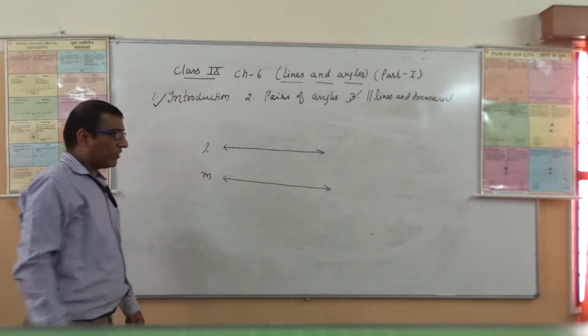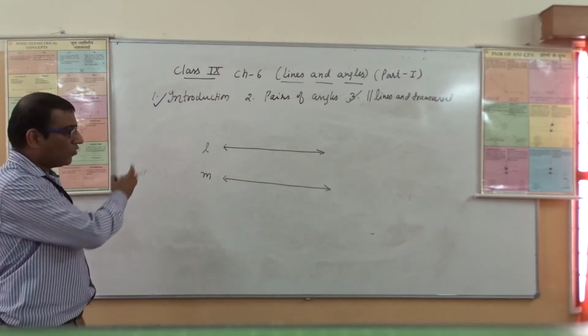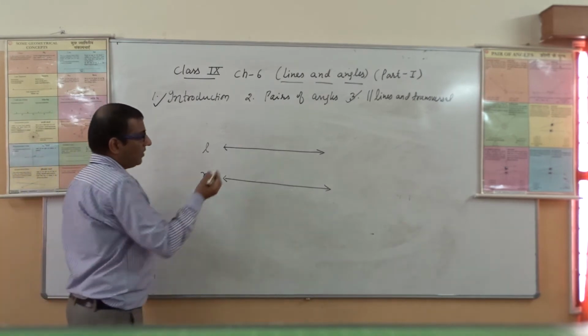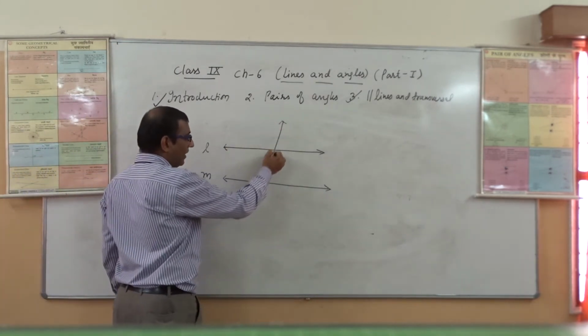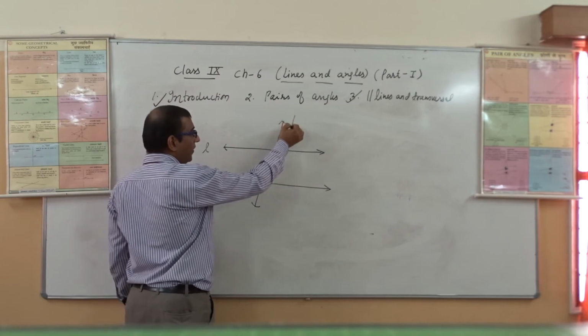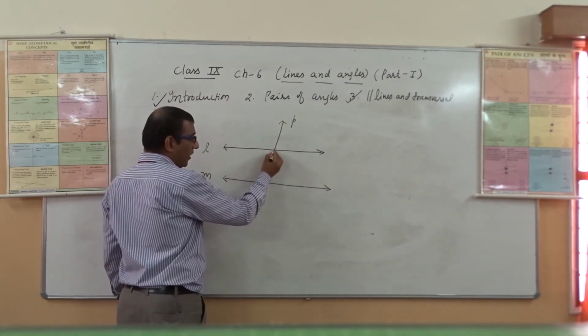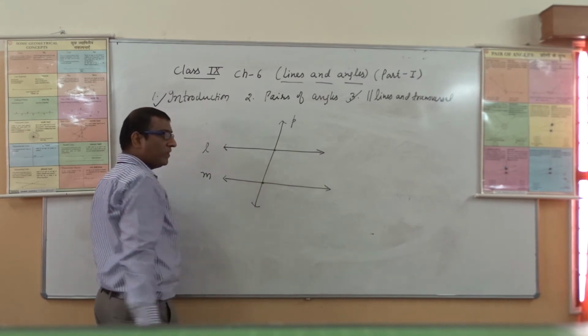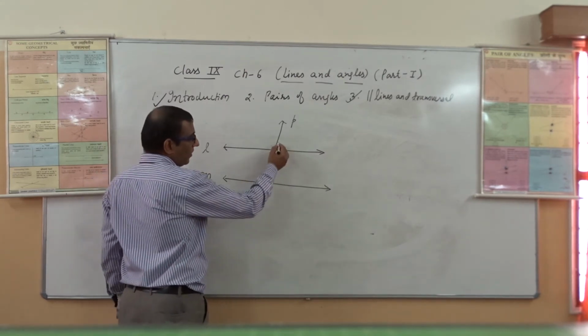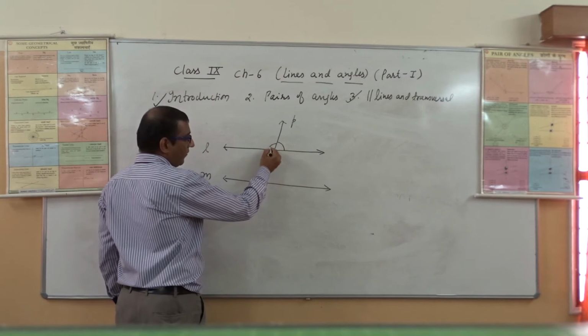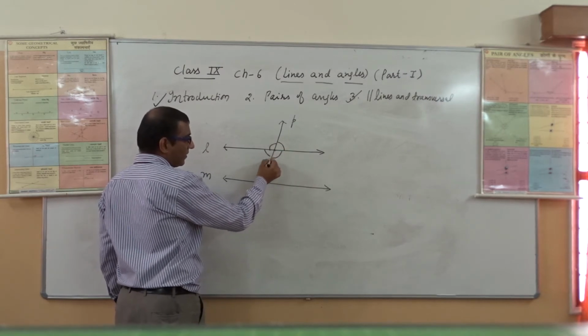L and M both are parallel to each other because they are not intersecting each other. And one more line, the transversal P, intersects L and M at these 2 points. So different angles will be generated.